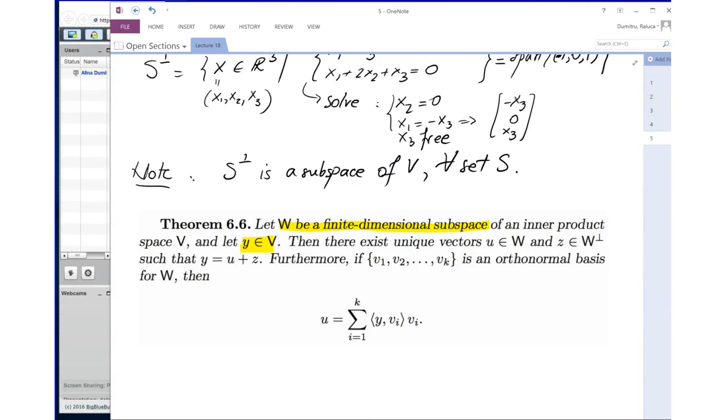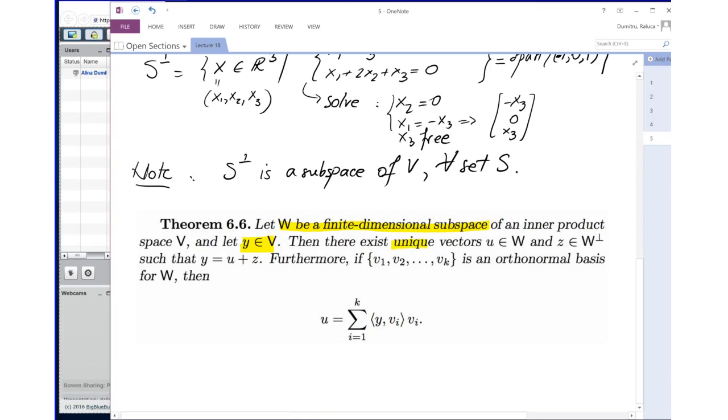Think about that example with R3, the z-axis and the xy, right? The orthogonal complement of the xy plane is the z-axis. Take any vector in R3, like something going in the middle like that. You can always write that as the sum between its projection, right, on the z-axis and the projection on the xy plane in a unique way, right? You just take the projection from that point onto the plane and onto the z-axis. So that's pretty much what this says.